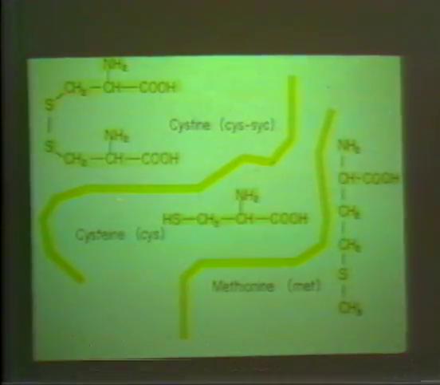This has a very great importance in protein structure in that often one of the cysteine residues, the one in the center, is in a portion of a long chain, and another cysteine residue is at a distant position in the chain.